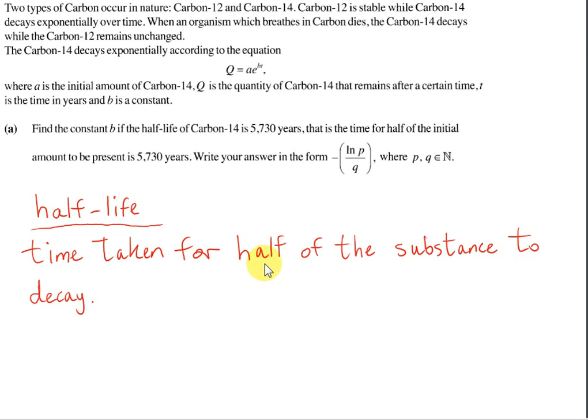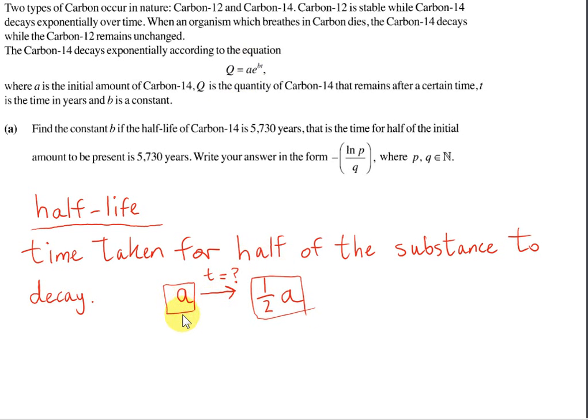But anyway, we don't have to worry about the chemistry or physics of it. It doesn't matter what the amount is. If we're dealing with the initial amount, then we're dealing with A, and we're interested in the time taken for A to go to half A. So we want the time t that it takes for that to happen.